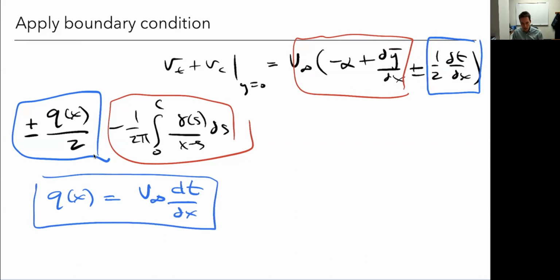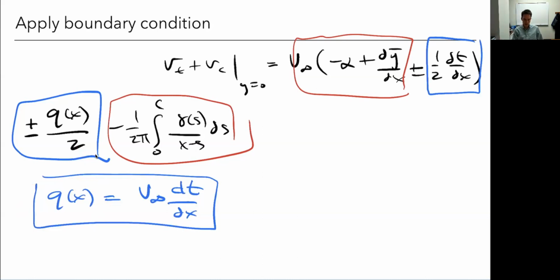And that's pretty nice. So let's look at what this tells us. Given V infinity and my thickness distribution, which are things I should know, right? You have to tell me what airfoil you're using. All I need to do is take a derivative along my airfoil of that thickness distribution, and this tells me directly exactly what source strength I need. So I know my distribution of sources.